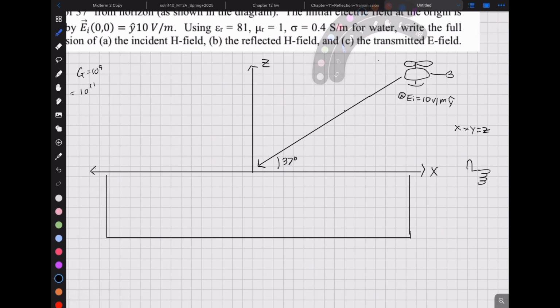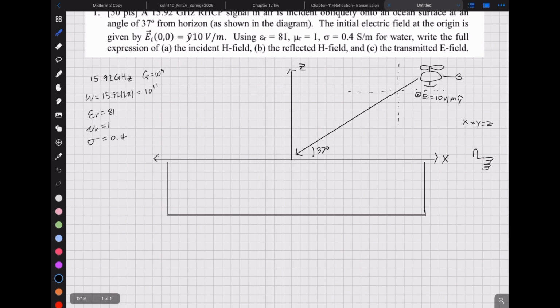And then what we want to find next is where our H of I is pointing, because in this problem we're told to find the incident H field. Your finger would be the x, and this would be the z, and the inside of your palm would be the y direction, as shown with this 3-point coordinate system.